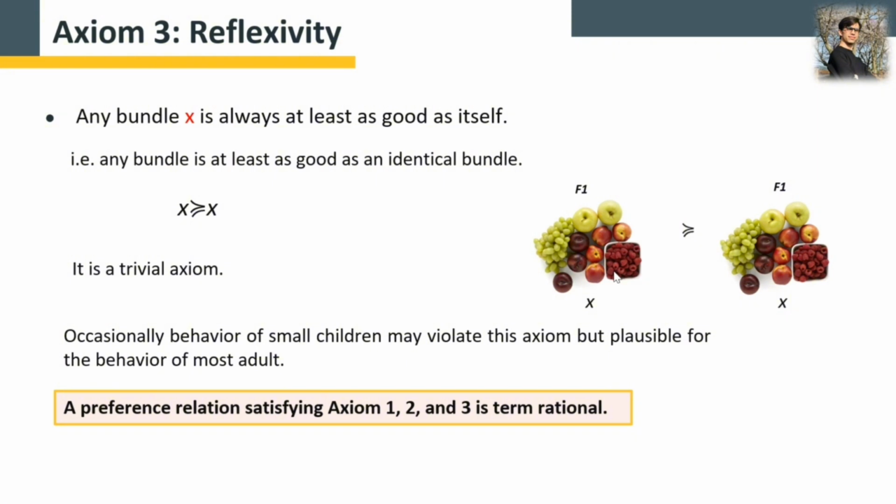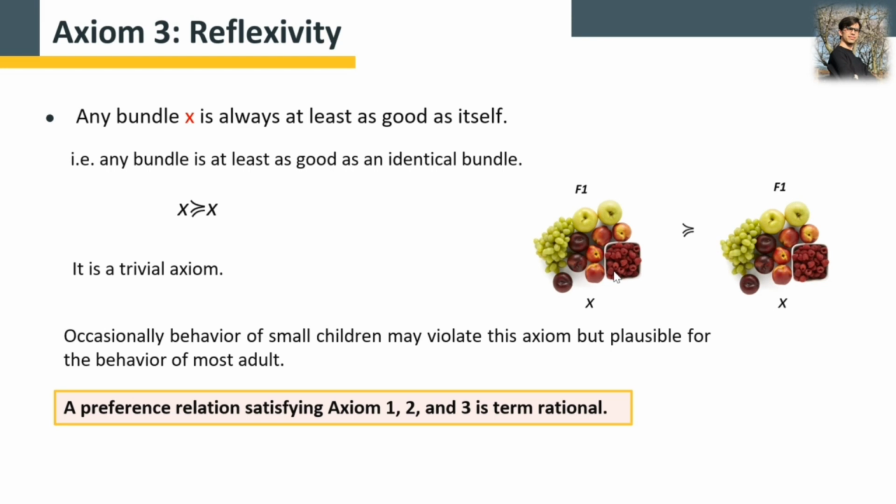So let's make a conclusion for the first three axioms of choice. If a preference relation satisfies axioms 1, 2, and 3, it is termed rational.